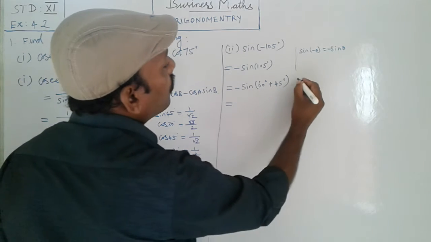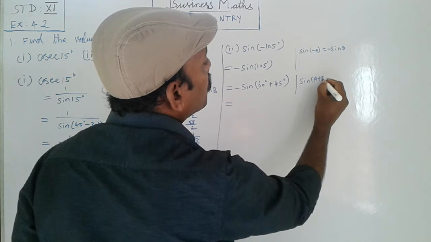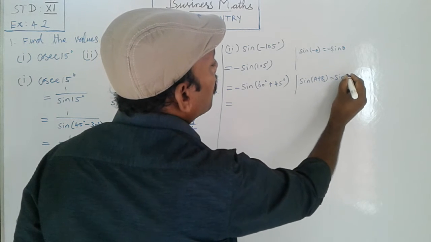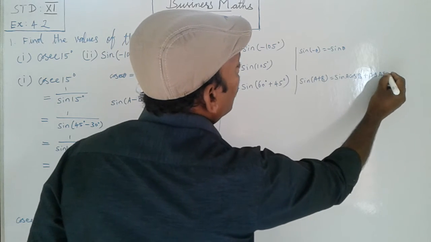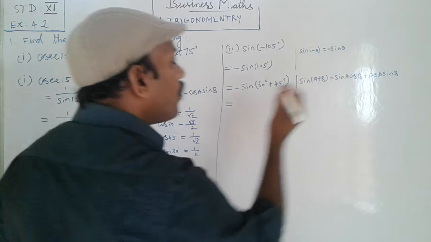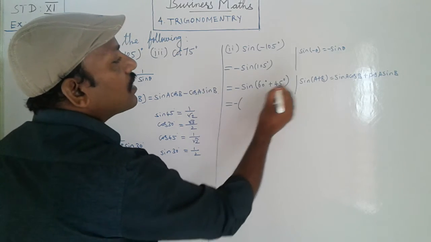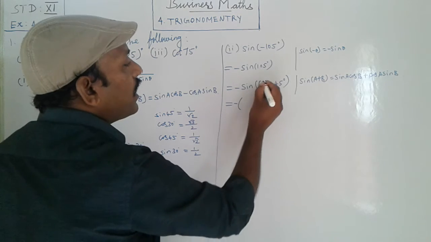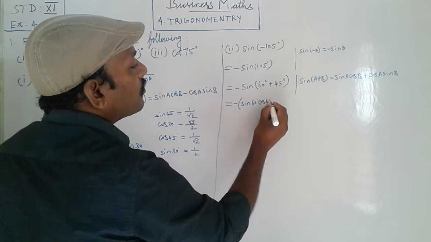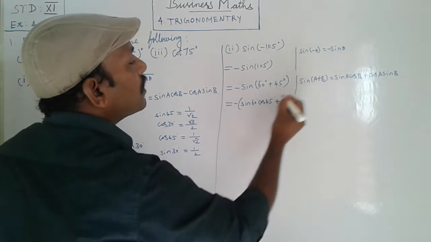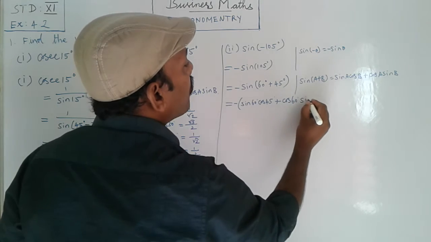Sin (A plus B) equal to sin A cos B plus cos A sin B is the formula. We substitute this formula here: minus of sin 60 cos 45 plus cos 60 sin 45.